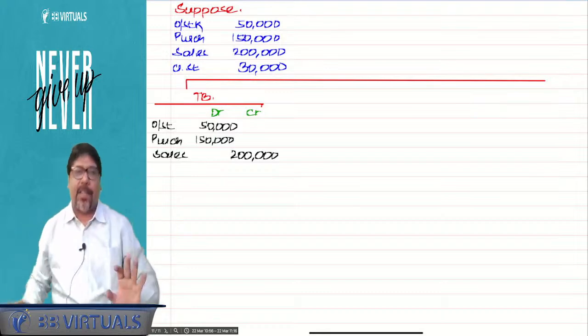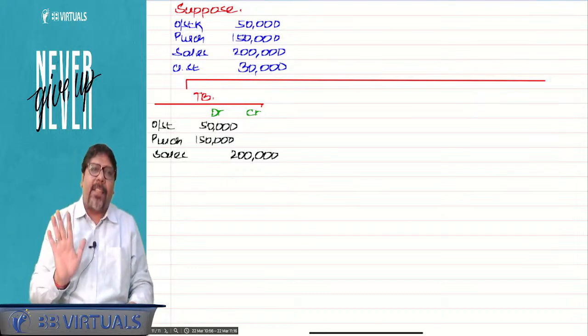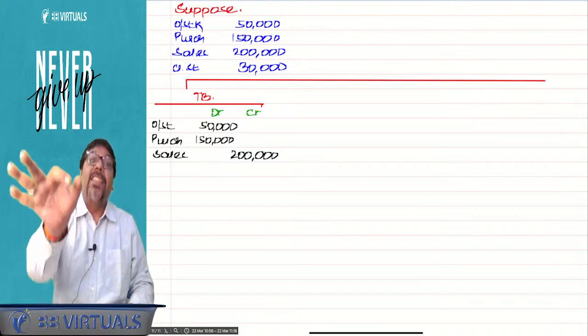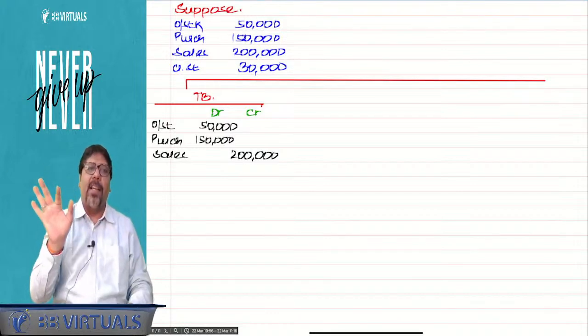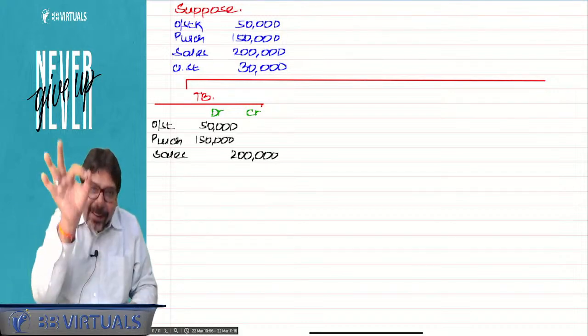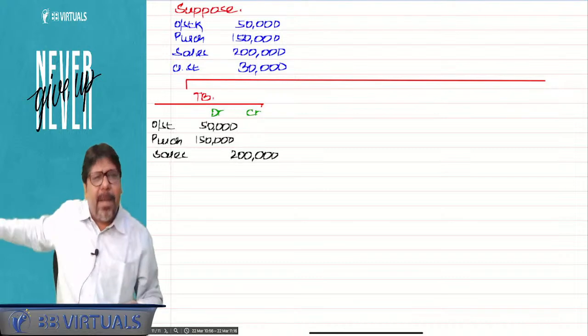Yes or no? Yes, sir. That part of the stationery which I have not used in the current year, the benefit not derived in the current year, is my stock of stationery and that will come in the balance sheet as an asset.